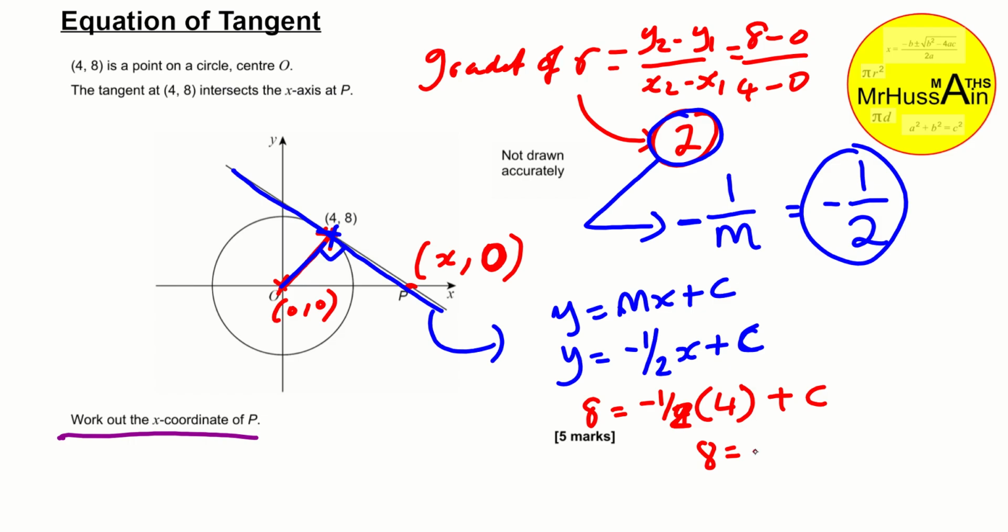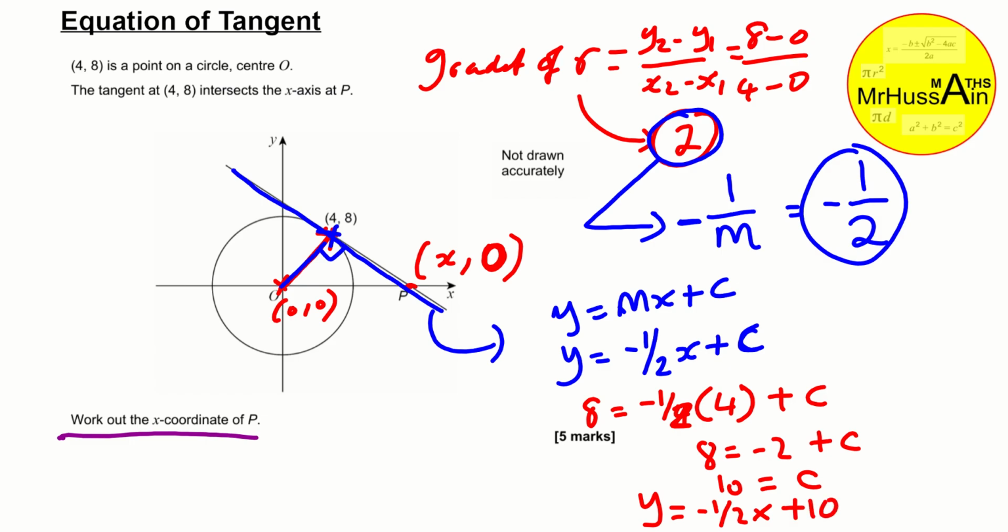Minus half times 4 is minus 2. If we bring the minus 2 to this side, we will now know that c is 10. So the equation of tangent is y equals minus a half x plus 10.